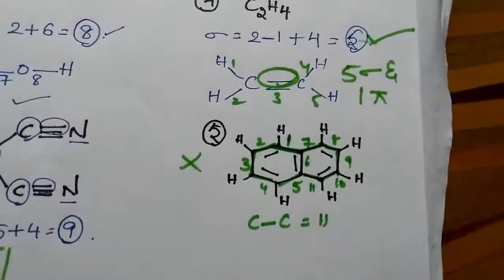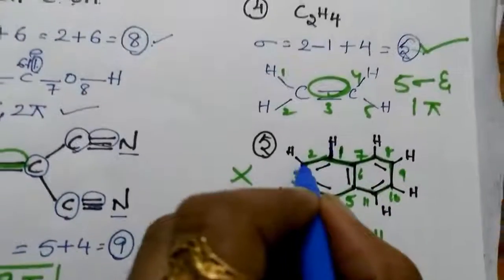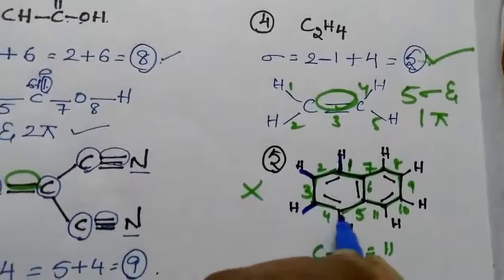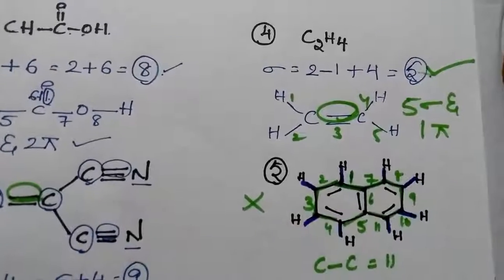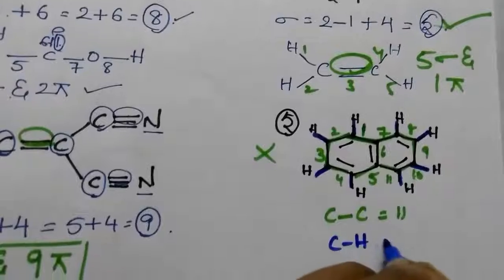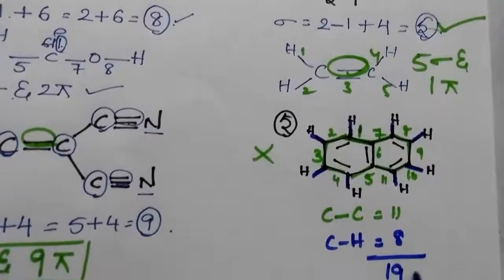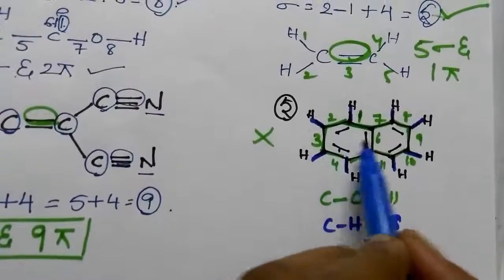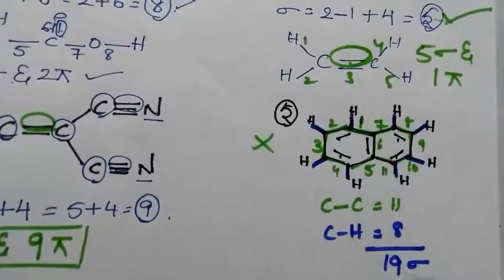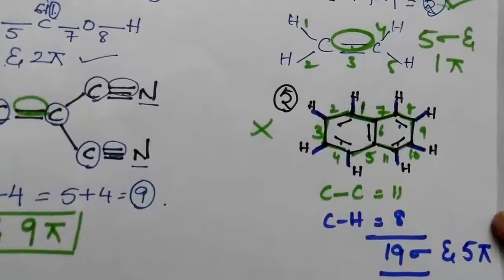And carbon hydrogen, how many sigmas are there? 1, 2, 3, 4, 5, 6, 7, 8. Carbon hydrogen, 8 sigmas are there. Total 19 sigma bonds are present. Coming to the pi bonds, 1, 2, 3, 4, 5. 19 sigmas and 5 pi bonds are there.